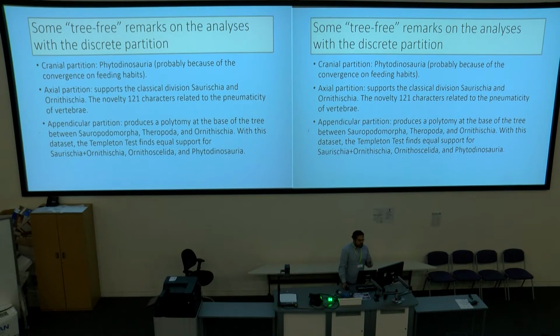So the main remark is that if you just use the skull of ornithischians, sauropodomorphs, and theropods, you get Phytodinosauria, which is a cluster of ornithischians and sauropodomorphs. That's probably because we have too many characters relating to feeding habits. If you use the axial partition, then you get Saurischia and Ornithischia, because you're including all of the pneumaticity characters from the vertebral column. If you use the appendicular partition, then all of these scenarios become equally likely for dinosaur evolution.